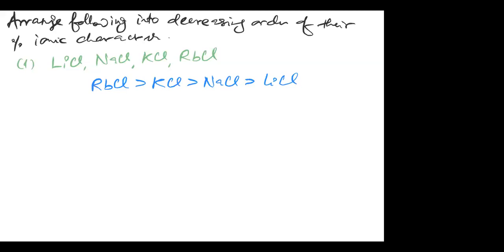As you know, rubidium plus has the least polarization power, and Li plus has maximum polarization power. Similarly, let's say it is NaF, NaCl, NaBr, and NaI.